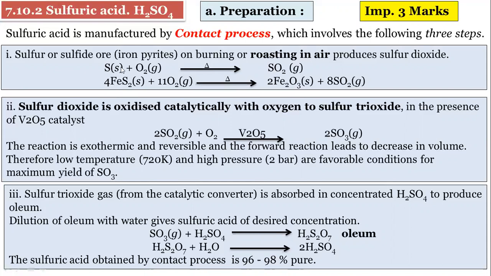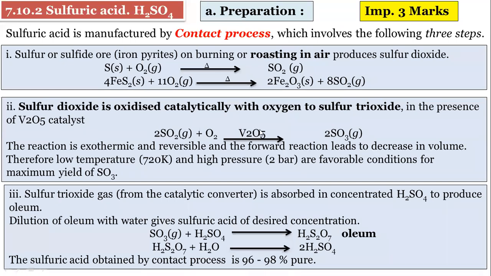This is burning of sulfur, and this is burning of iron pyrites plus 11O2. This is important for us, only SO2. How is this SO2 prepared? So in step 1, SO2 is prepared. In step 2, this sulfur dioxide, which is prepared in step 1, is oxidized with vanadium pentoxide.